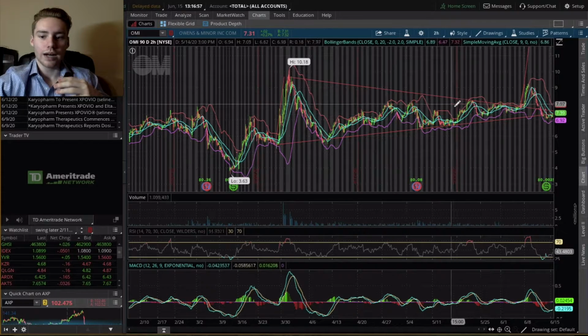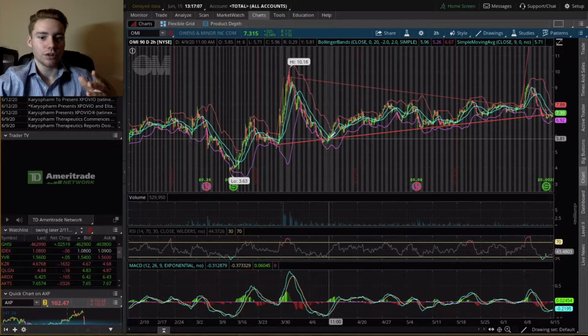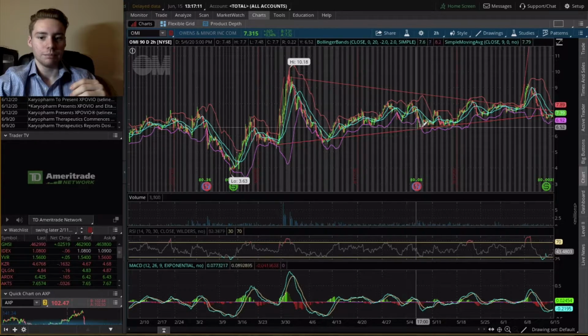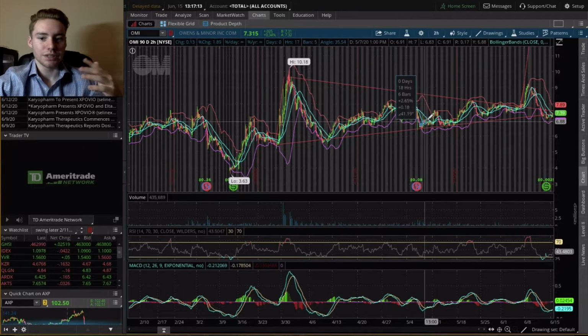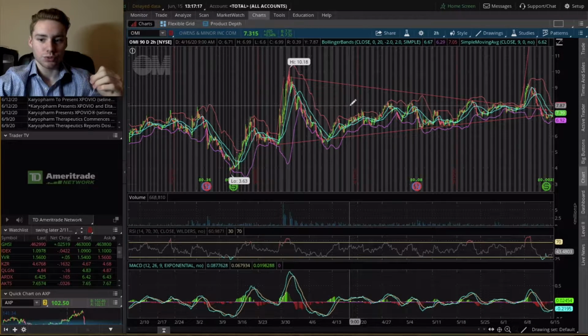So what I like to find here is to make a set of rules as to compare the volatility of the stock. So, you know, how much it's trading up and down in terms of percentage, how much it's trading up and down in terms of price, and then make a strong set of rules about when to exit.